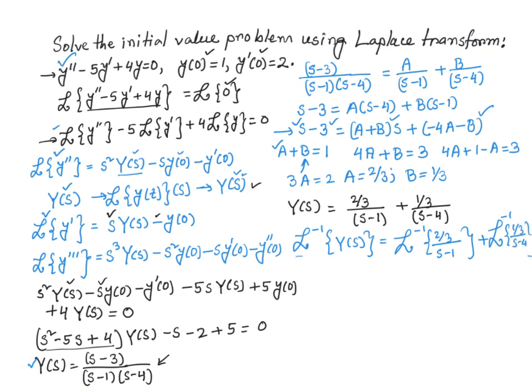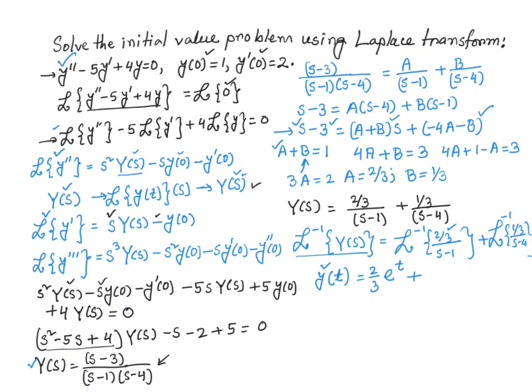Okay, now this is going to give me y of t, because this is the one for which we took the Laplace transform. Now this 2/3 is a constant, I can bring it outside. So the inverse Laplace transform of 1 over (s minus 1) is going to be nothing but e to the power t.